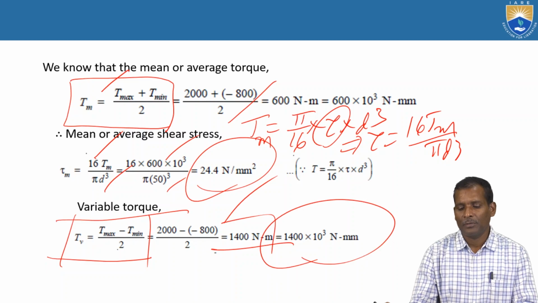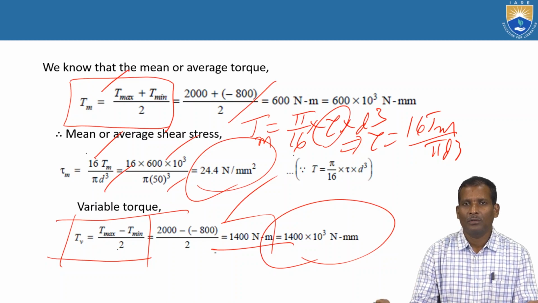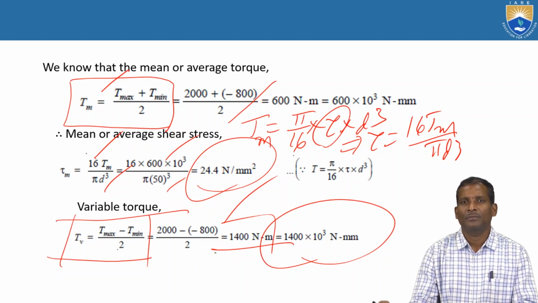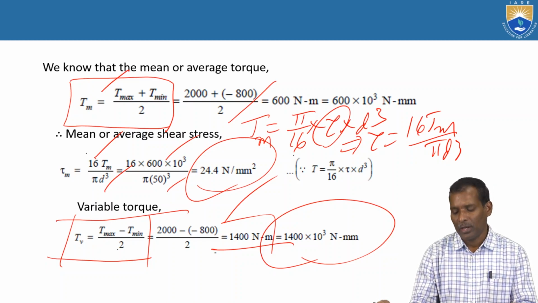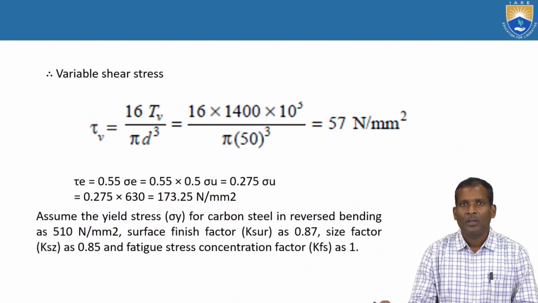Convert the 1400 Newton meter into Newton mm. Now we have the mean torque, the shear stress value and the variable torque.